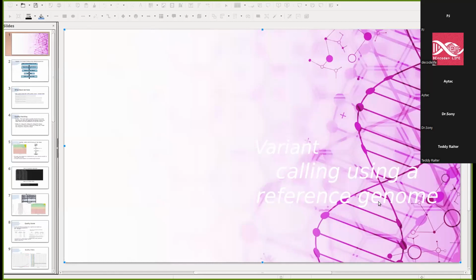The steps we'll follow today are the quality check of those files, trimming of low quality reads, mapping those reads to the high quality genome, and then evaluation of the alignment, then identification of variants as time permits, and their statistics, that is, how many variants we have identified. That is a statistical check of the variants.